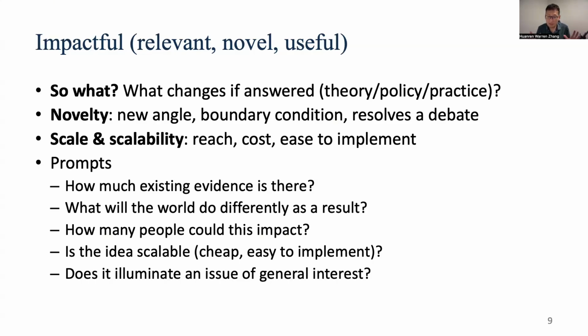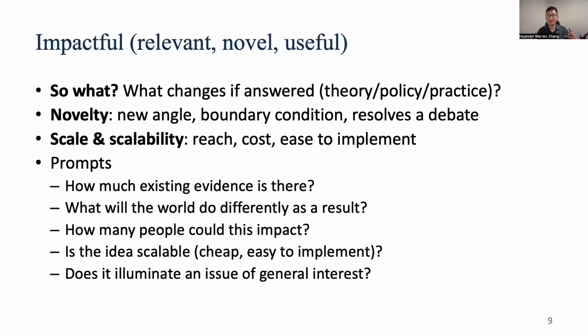Replication of previous studies is also important, but replication is not novel. Replication means that you run the same experiment again, maybe on a different population. Running the same experiment on a different population is novel in the sense that it identifies the boundary condition.